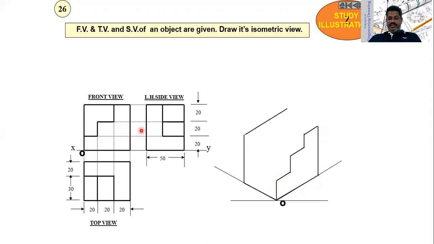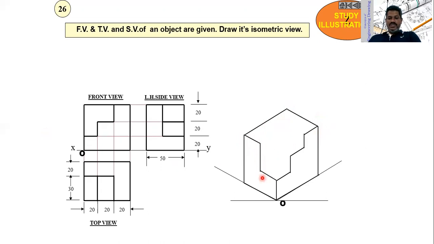Now construct this first. The length is 50, and from here you take 50 mm length, then draw the height for a length of 60, then the width is also 60, as you can see here, and join this corner and this. Now this length is 20, and this length is also 20, and come down for a length of 40.